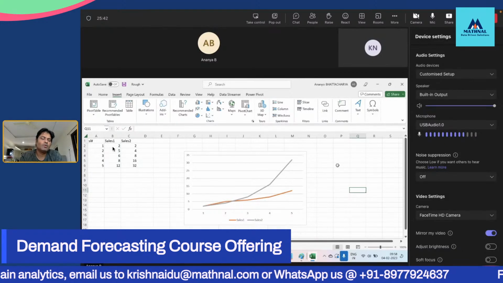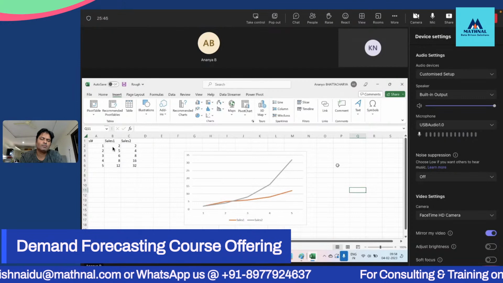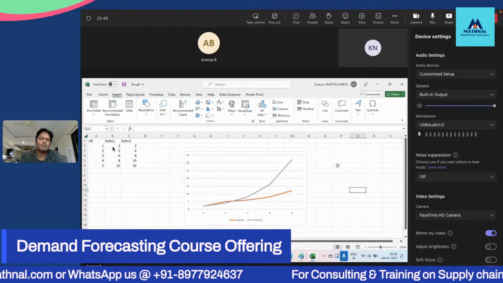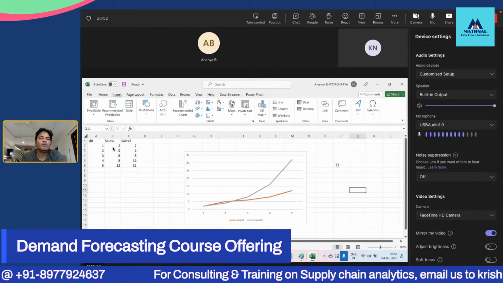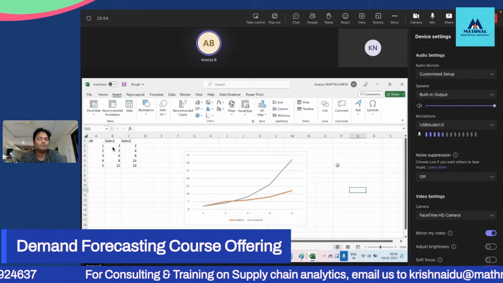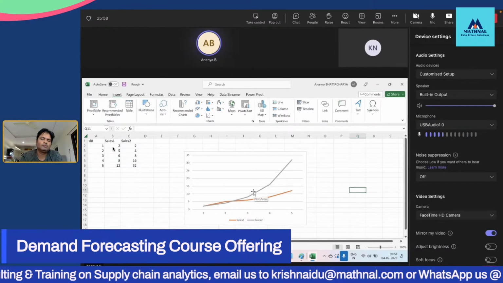Either it can go up or it can go down. It will fall down. So this would be an additive trend, and this becomes a multiplicative trend.